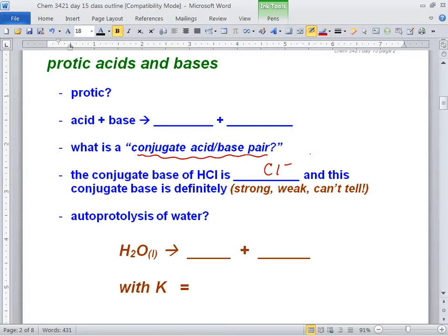Remember the double arrow thing, and we should be drawing this all the time. We know that HCl is a strong acid, so that double arrow thing is about as one-way as you can get. You can draw the smallest arrow possible going back, because there isn't a back reaction.